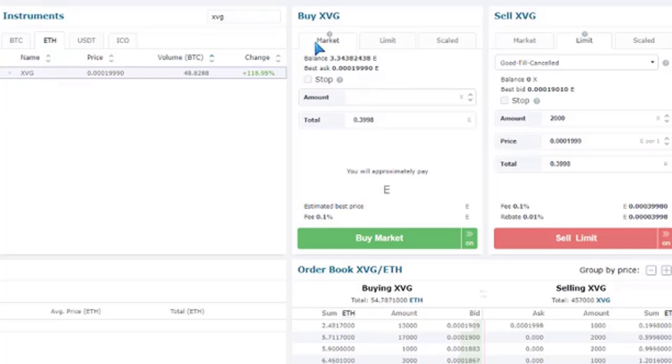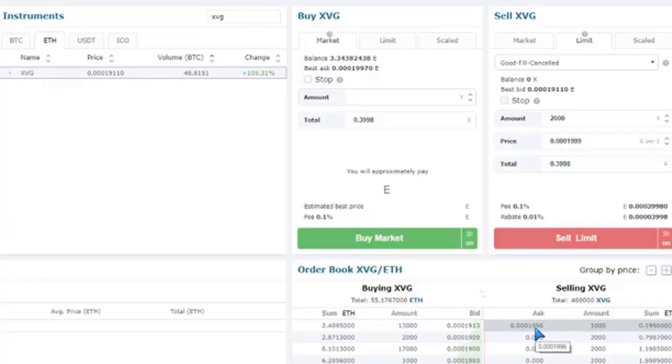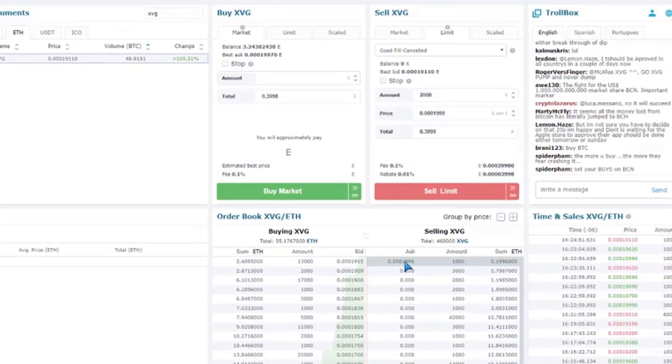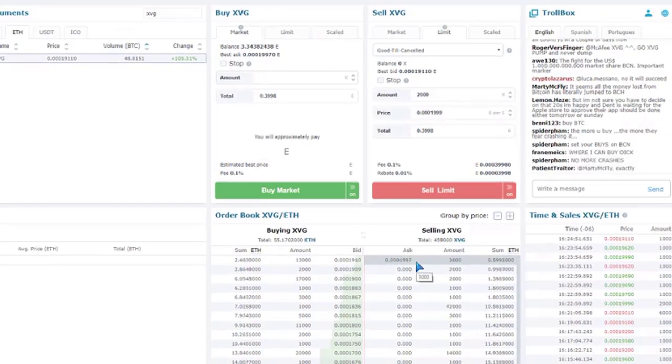The advantage of the market order is that if you feel you have to get in right now, it's not too bad of a way to do it. So selling 0.1. So this is the current highest bid, and that's the current highest best sell.